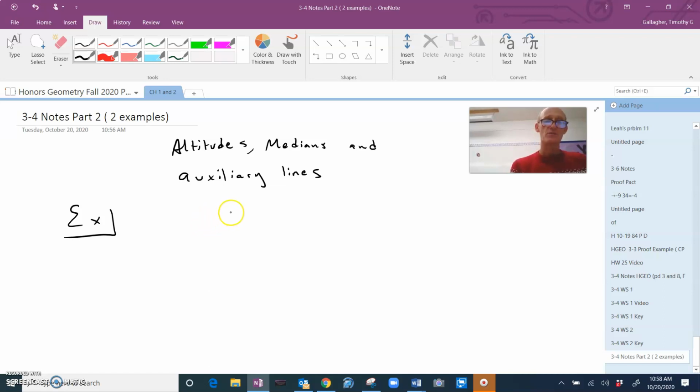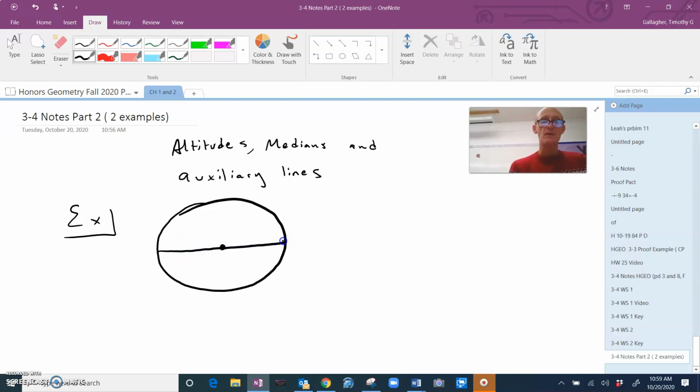I'm going to draw a circle. Try that again. And I'm going to draw a diameter. And I'm going to draw a triangle like this.